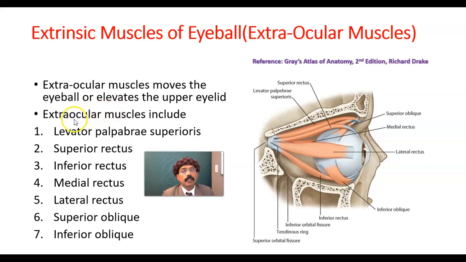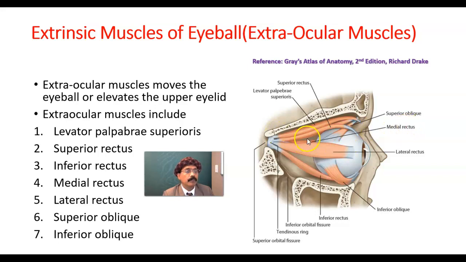We have 7 extraocular muscles. This includes the levator palpebrae superioris muscle, then the superior rectus muscle, then the inferior rectus muscle here, and the medial rectus muscle. This is the lateral view of the orbit.